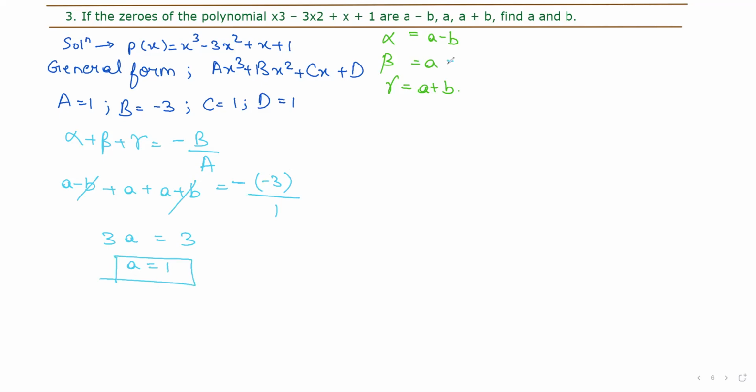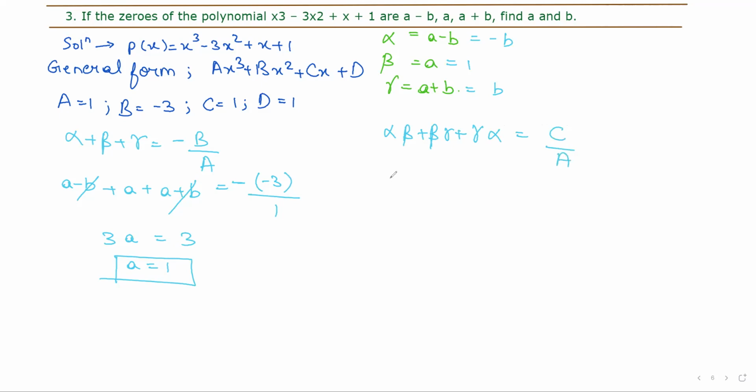So a value came out to be 1 from here. Your alpha got reduced to 1 minus b and your gamma got reduced to 1 plus b. How will we use this? Write the second equation. The second equation states that alpha beta plus beta gamma plus gamma alpha is equal to c upon a.